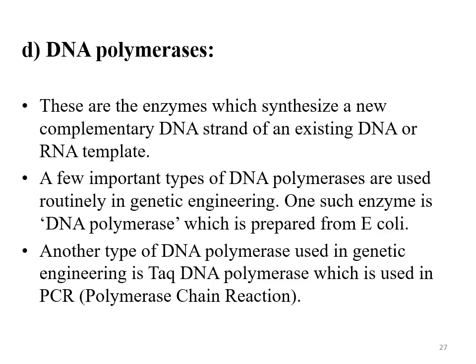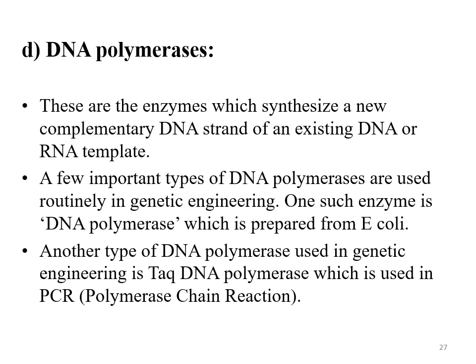Now, talking about the DNA polymerase. These are the enzymes which synthesize a new complementary DNA strand of an existing DNA or RNA template. A few important types of DNA polymerases are used routinely in genetic engineering. One important enzyme used routinely in genetic engineering is DNA polymerase prepared from E. coli.